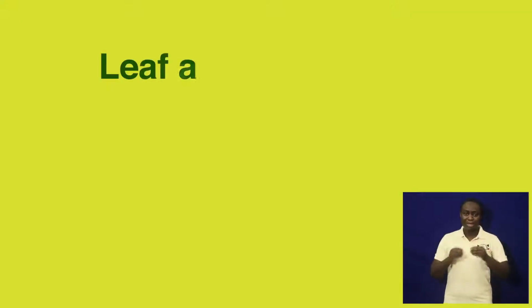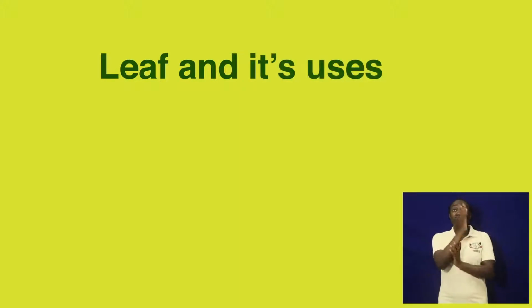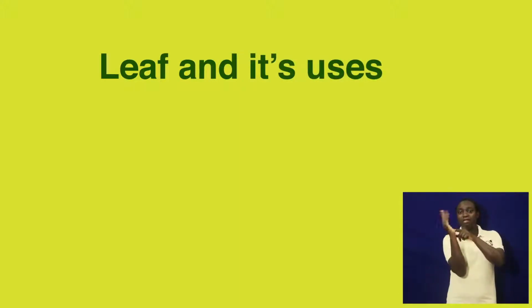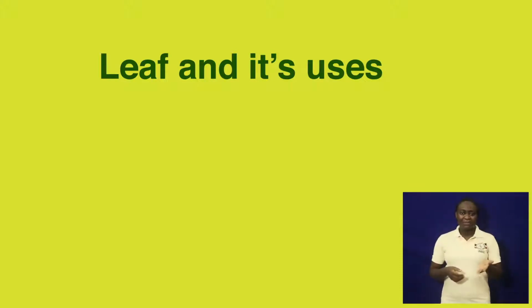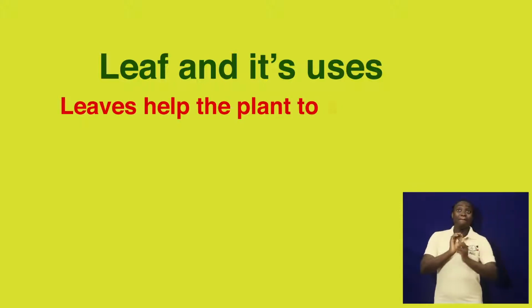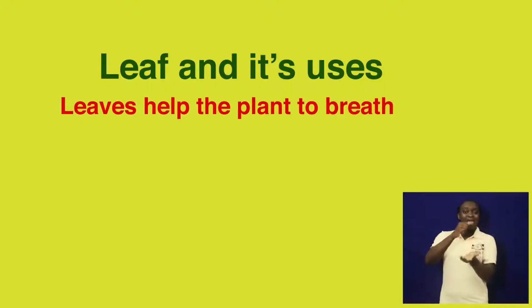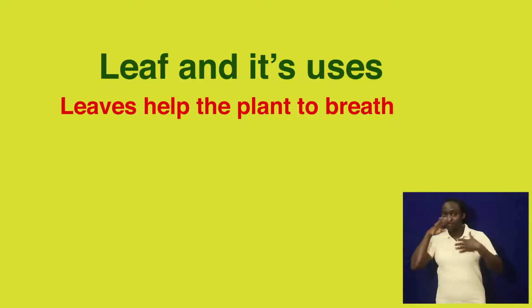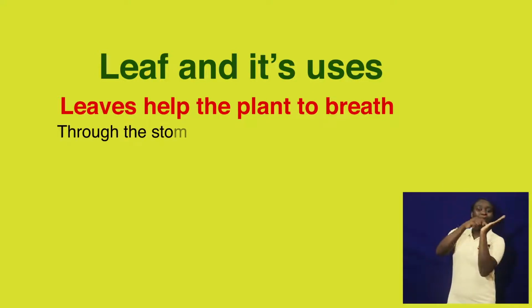So last time we looked at the leaf and its uses. What did we learn? Yes, good, that leaves help the plant to breathe. As you use your nose to breathe, plants use their leaves to breathe using small holes called the stomata.